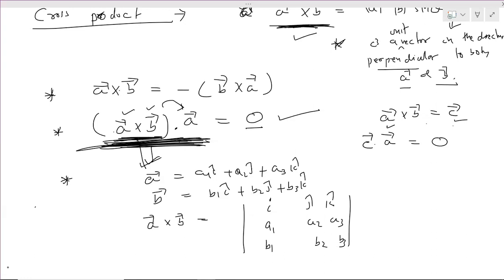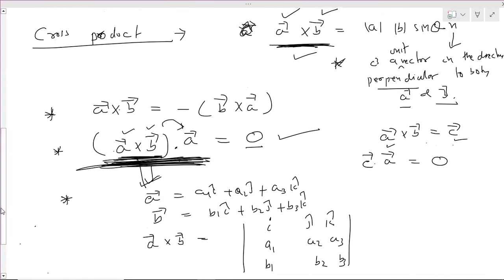And everyone knows how to open the determinant. You can take a screenshot. Done, sir. Okay.